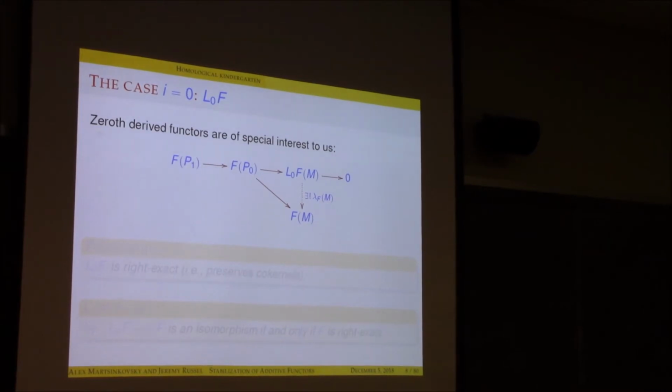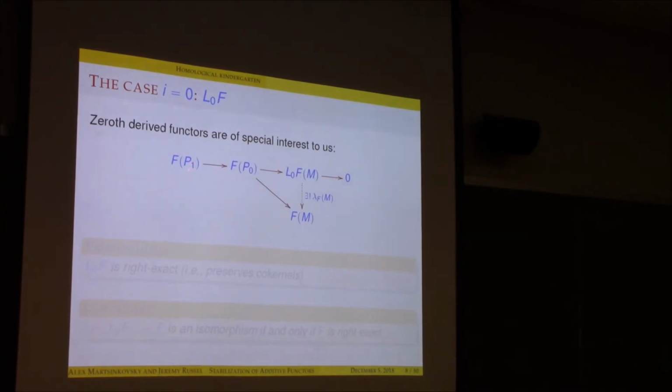Okay, so how does it work? You see this functor F is being applied to the projectives P1, P0, and the homology is just the cokernel by definition, because everything else is 0. So here's your zeroth derived functor, evaluated on the module M. But you still have this composition going this way and then to F of M. Where does it come from?